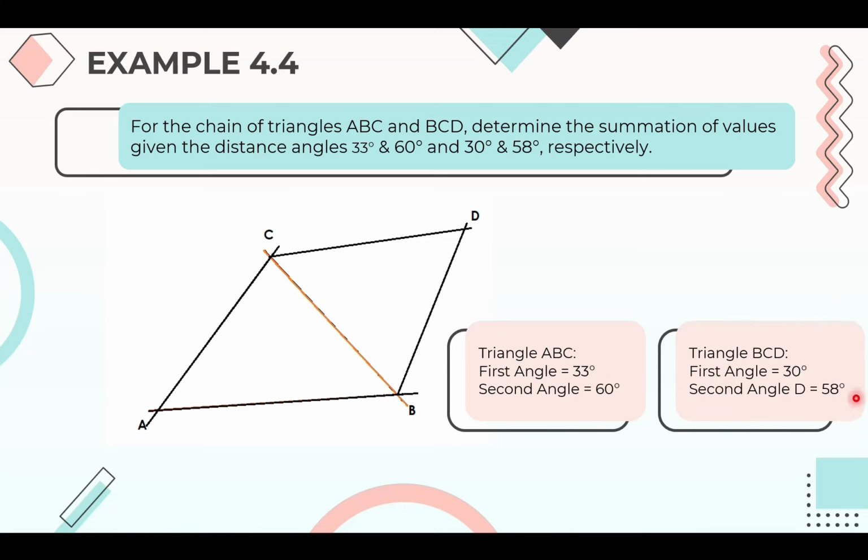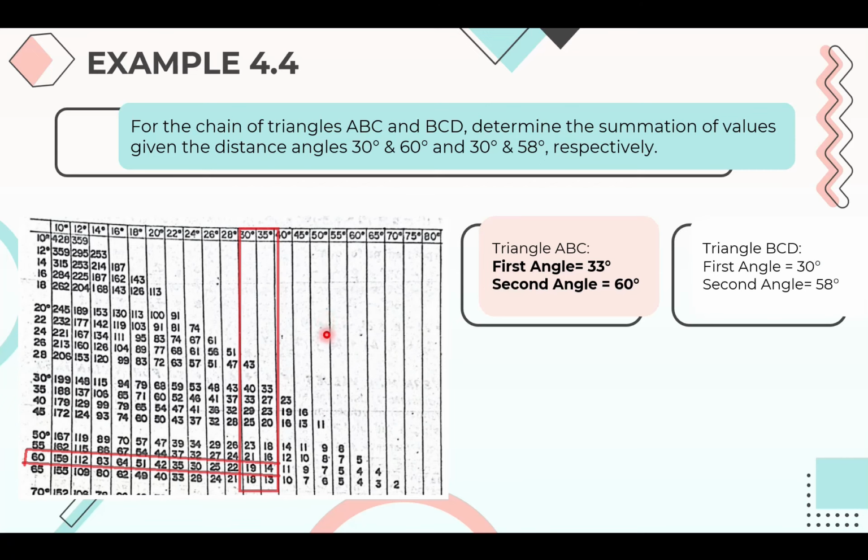So how are we gonna solve this? First we solve using this table the first triangle, which is triangle ABC. One triangle at a time, okay? First triangle ABC, the first angle is 33 degrees. But since we don't have 33 degrees, we only have 30 degrees and 35 degrees here.